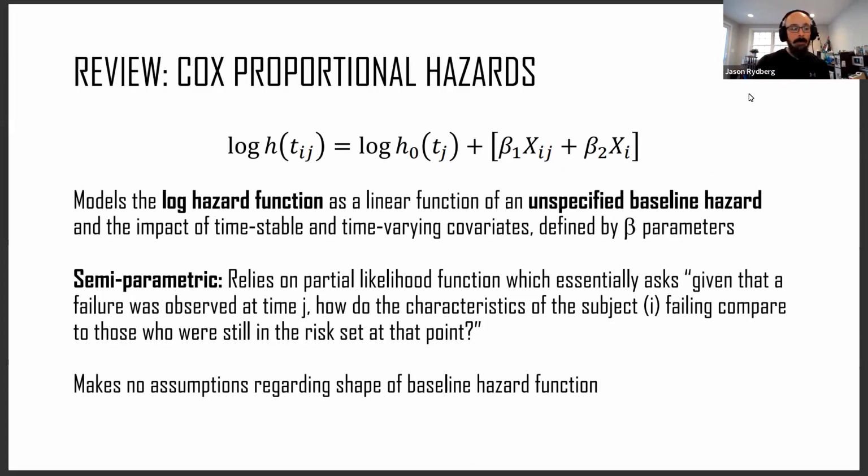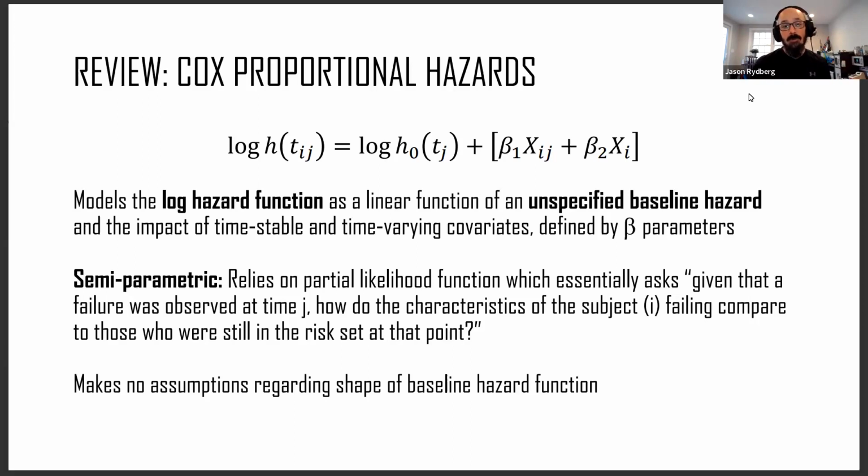In order to essentially assume out the baseline hazard function, it uses a semi-parametric likelihood, which essentially asks, so given that a failure time occurred at a particular time, at time J, how do the characteristics of the person failing at that time compare to those who are still at risk?